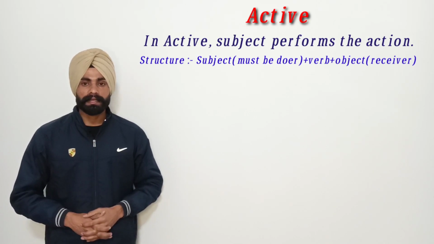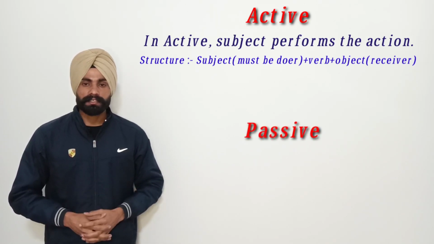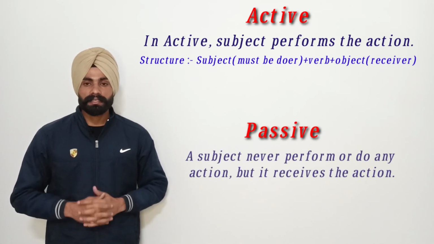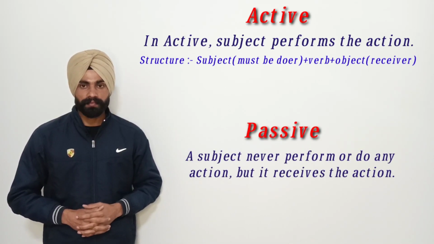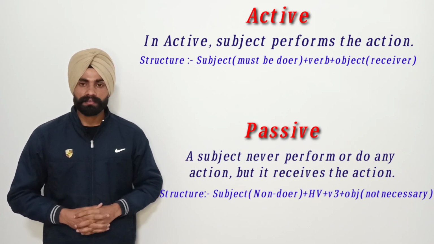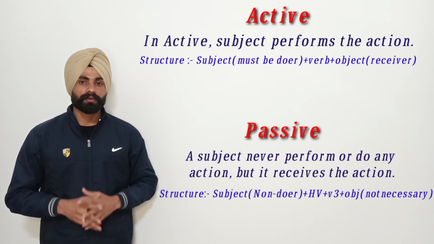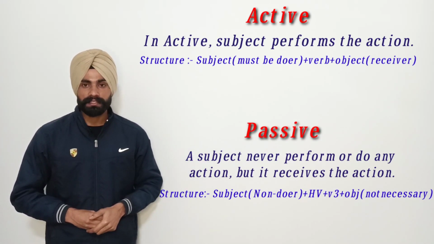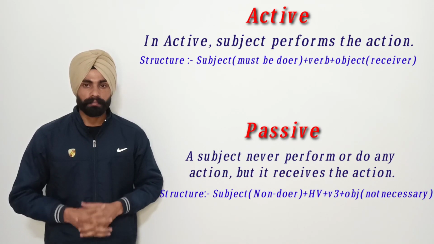But on the other hand, the passive voice is totally different. In the passive voice, a subject never performs an action. Actually, the subject in the passive voice receives the action, and the one who performs this action is always added at the end of the sentence by using the preposition by.